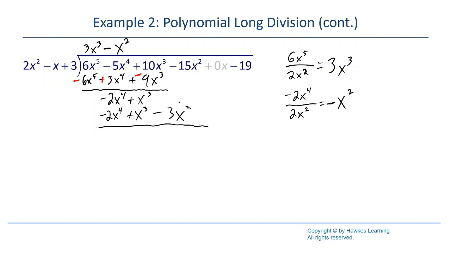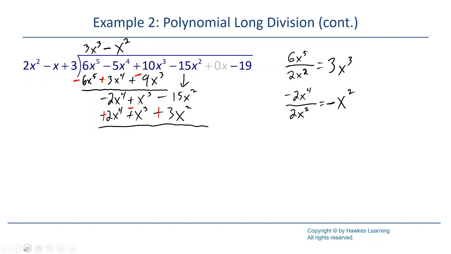And so because we ended up with an x squared term, we'll bring down our x squared term. And now this one kind of turned out interesting because when I go to subtract, which means I have to change all the signs, this becomes positive, this becomes negative, and this becomes positive.